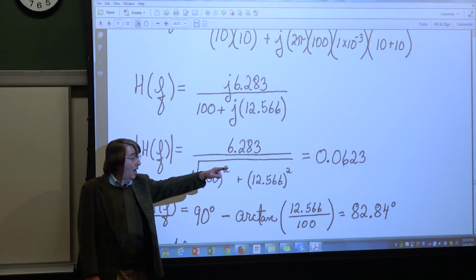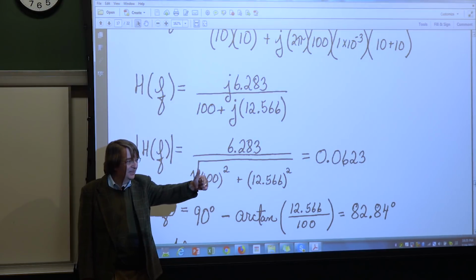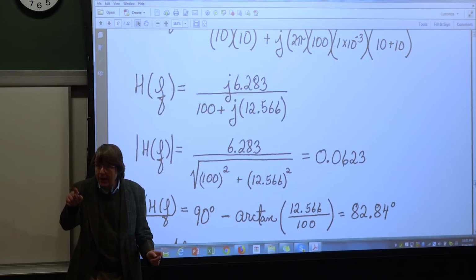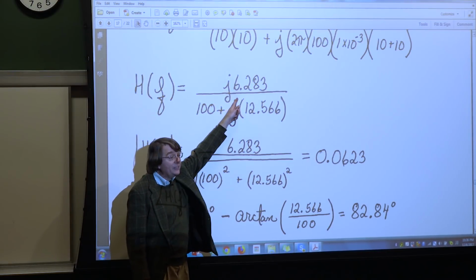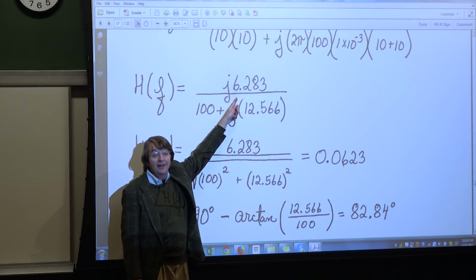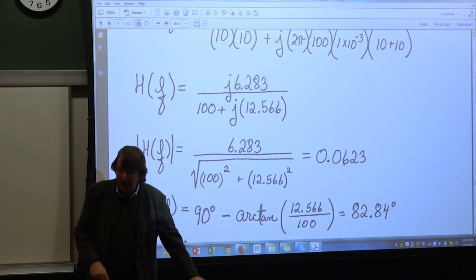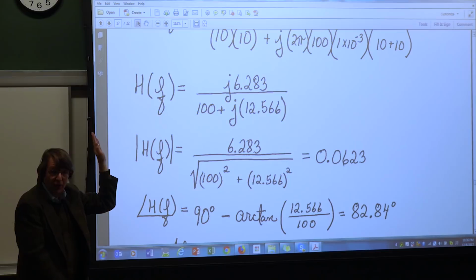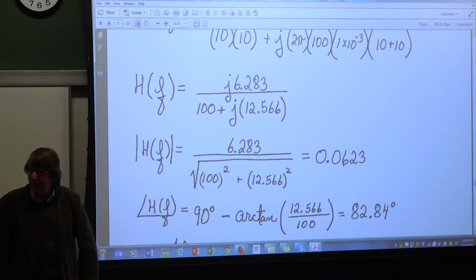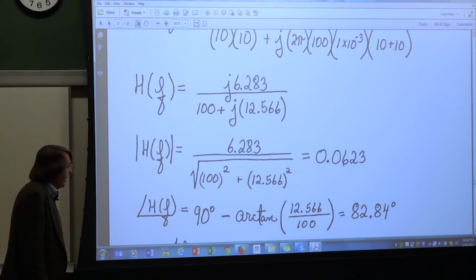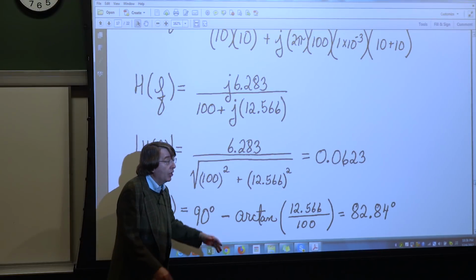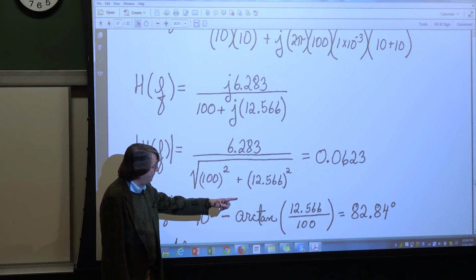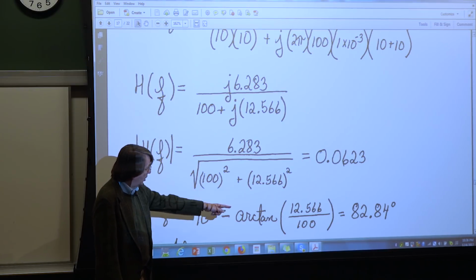How am I doing? All right, good. How do I get the phase angle? My colleagues, be careful. What's the phase angle of the numerator? 90. Excellent. Because the vector is in the j direction pointing straight up. So it's 90 degrees. How do I get the angle of the denominator? The arctan, right, of the opposite over the adjacent, which is here.